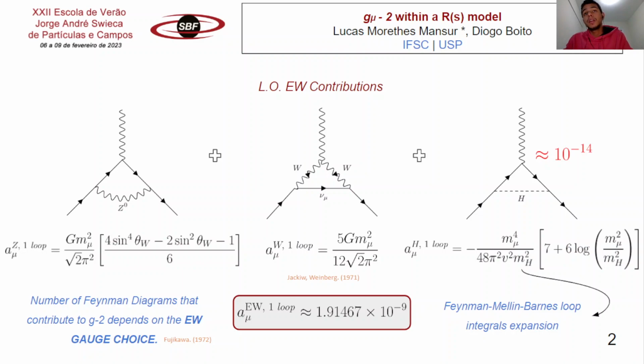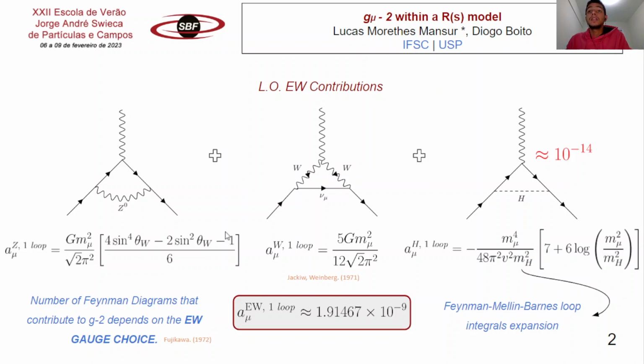Studying this topic, I noticed three important things that I'm going to comment on. The first of them was that the number of Feynman diagrams that contribute to g-2 depends on the electroweak gauge choice. The first to show that was Weinberg in 1971, and after that Fujikawa showed it too in 1972.